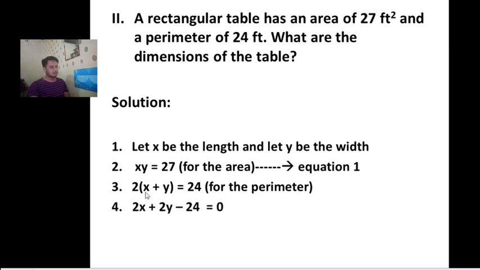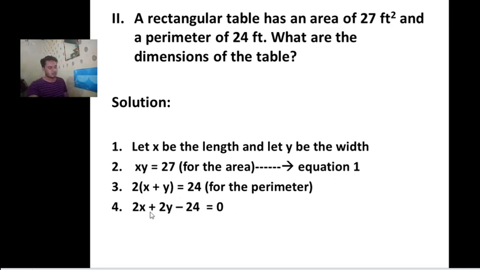Next, number 4. We will distribute 2 to the inside quantity. So we will multiply 2 times x, 2x, 2 times y, 2y. And then, we transpose positive 24 to the other side. So it became negative 24 equals 0.